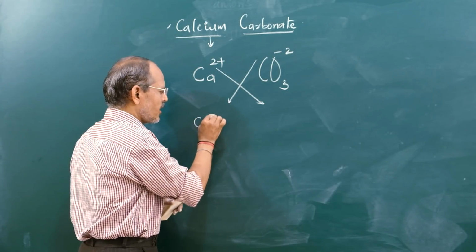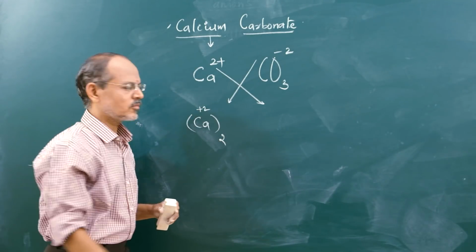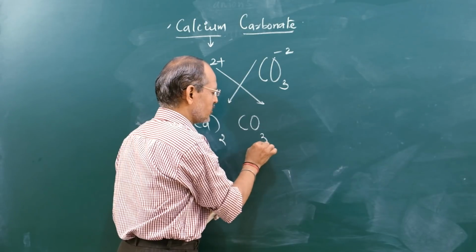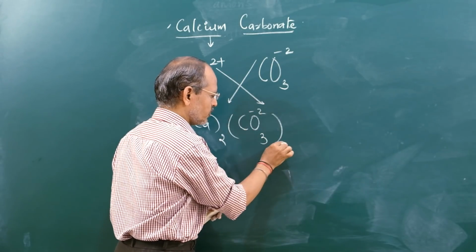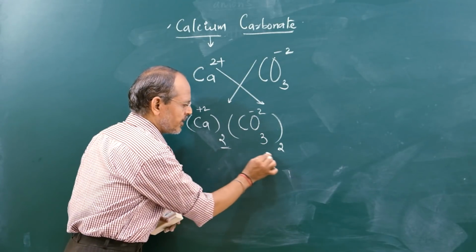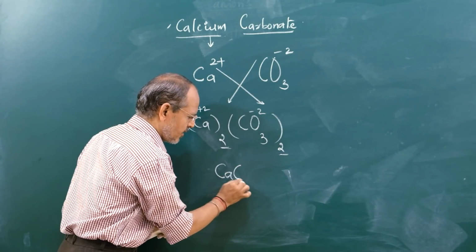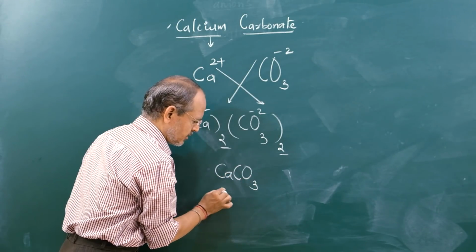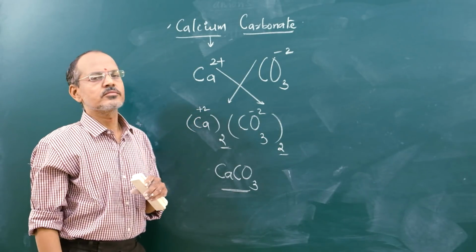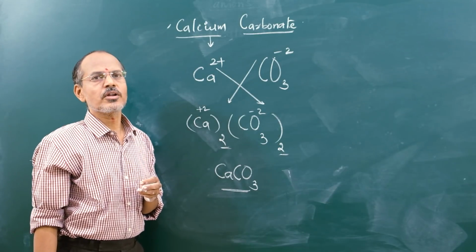Then Ca 2 times with plus 2, CO3 minus 2 with 2 times. Then the ratio will be the same, therefore I can write CaCO3. That is the formula. So this is how we can write the formula.